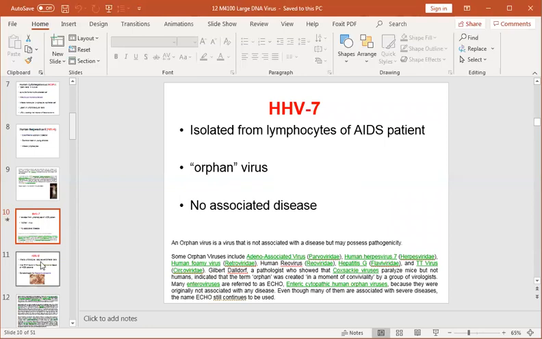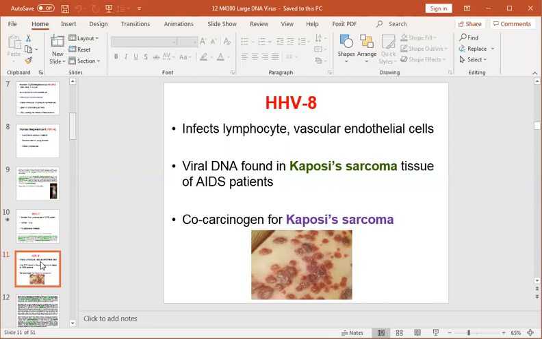Moving to slide number 11, human herpes virus 8 infects lymphocytes and vascular endothelial cells, those endothelial cells that line the blood vessel. The DNA of this virus was found in a cancer that we see in AIDS patients called Kaposi sarcoma.